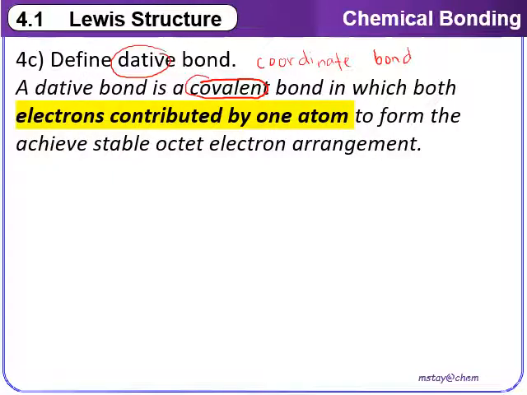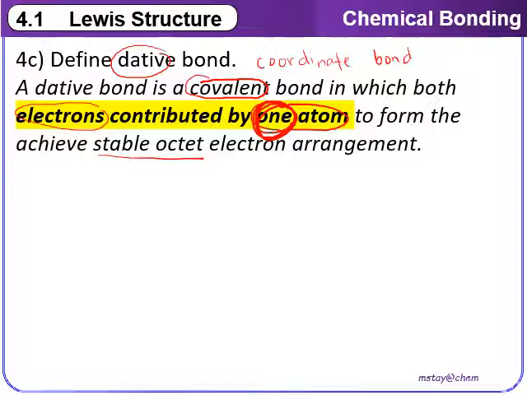But now the electrons are contributed by only one atom. If you still remember, when defining covalent bonds, I did mention that a covalent compound forms when all the atoms contribute electrons. But in this case, only one atom contributes the electrons, so that it can achieve a stable octet electron arrangement.